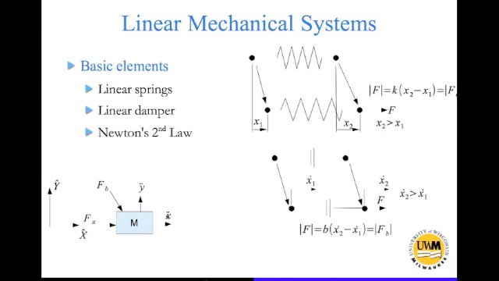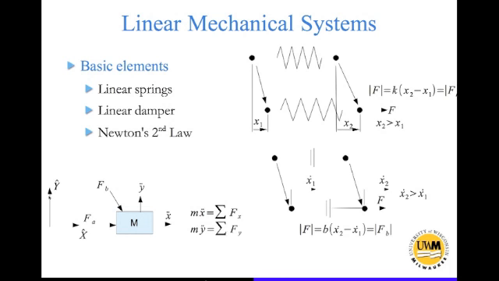X double dot is the double derivative of the position, and similarly in the y direction it accelerates by y double dot. Then m x double dot is given by the sum of all forces in the x direction, and m y double dot is given by the sum of all forces in the y direction.